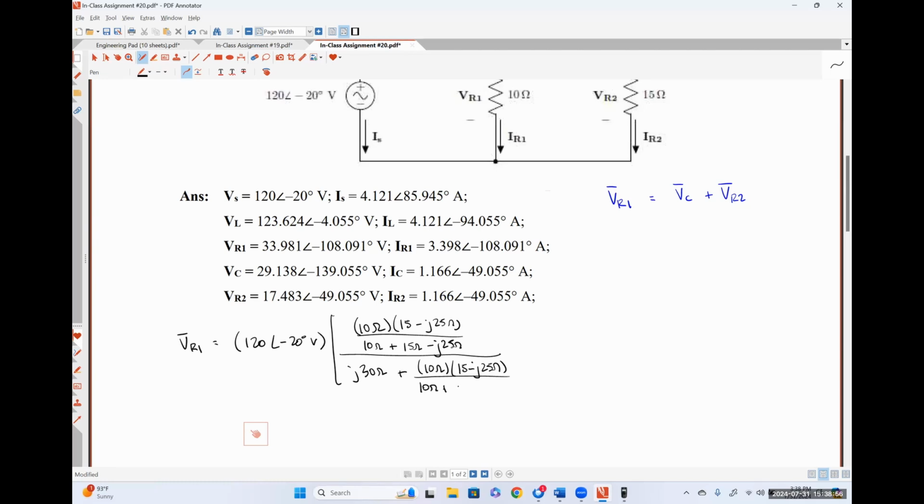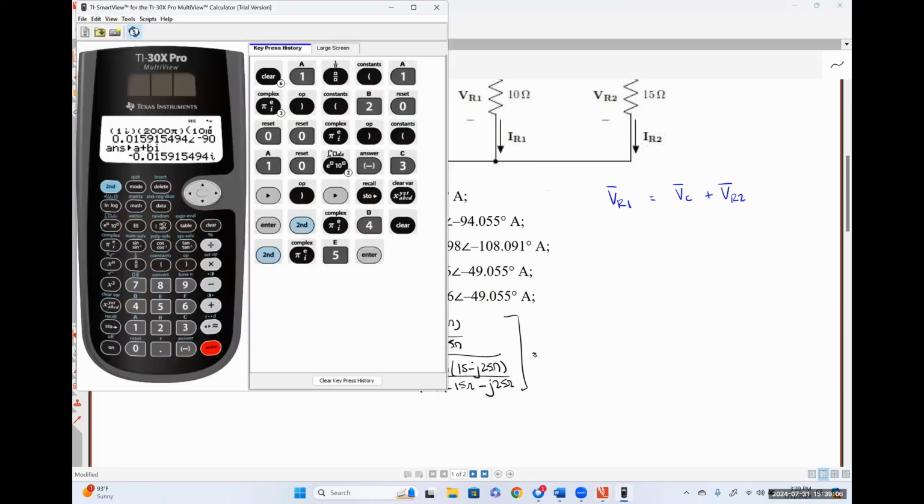So 10 plus 15 minus J25. Okay. I'm going to use the calculator on screen so that you guys can all see what it is that I am doing.